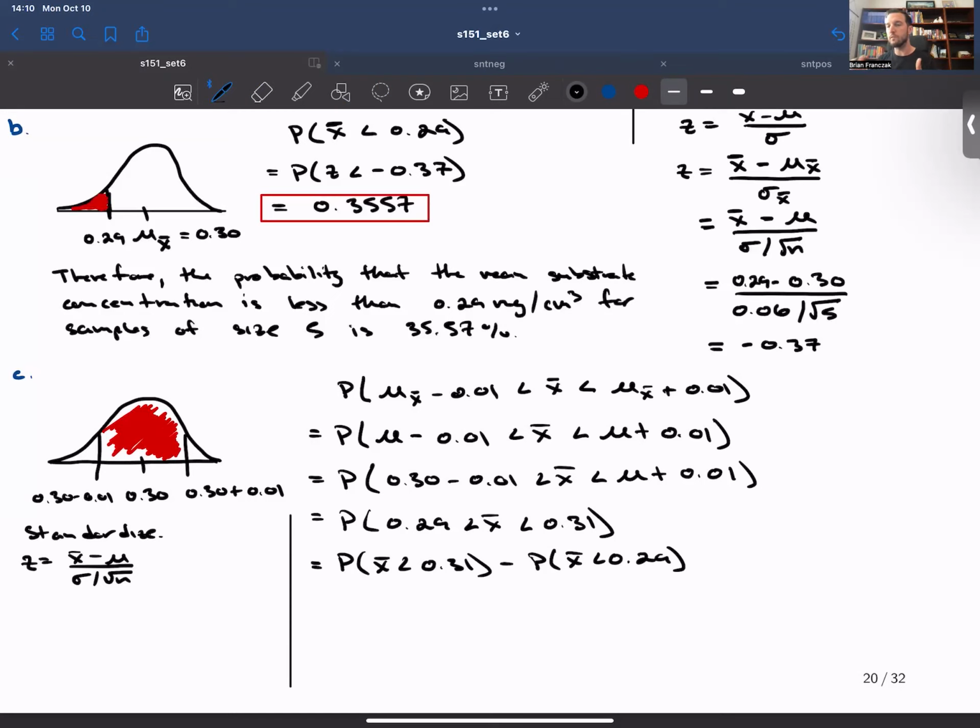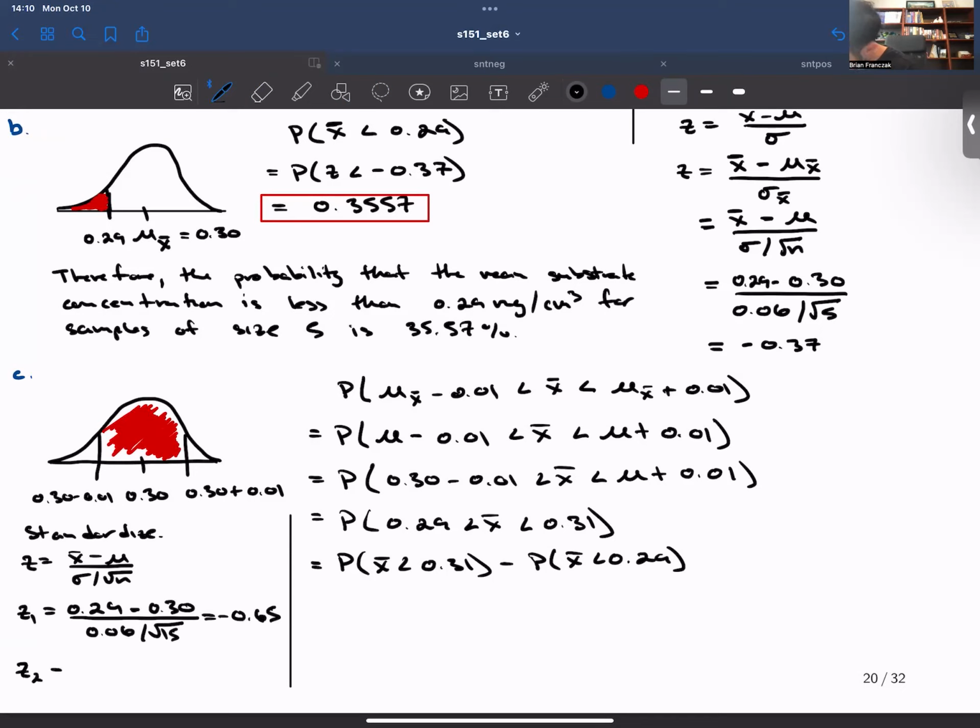Whenever we're standardizing x bar, our z-score formula just changes to accommodate the parameters of the sampling distribution. In the lower limit case, this is 0.29. We'll call it Z1, which is 0.29 minus 0.3 divided by 0.06 over the square root of 15, because in this example we're asking for samples of size 15. So this is negative 0.65.